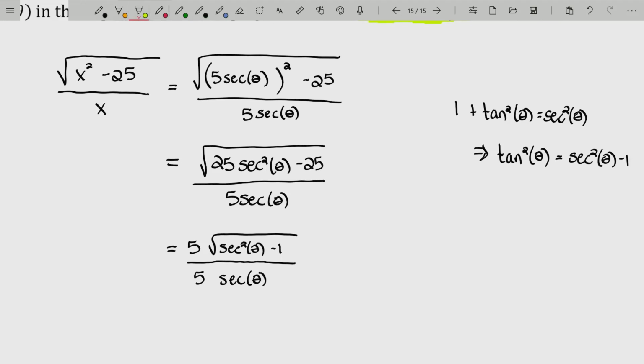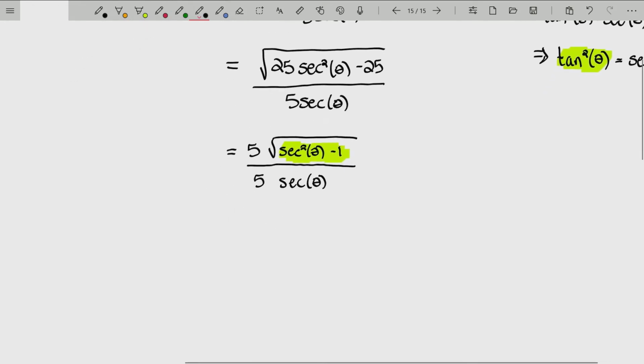That is, this secant squared minus 1, I can trade out for a tangent squared. So that's what I'm going to do here. Remember, the 5's will cancel, and I get the square root of tangent squared of theta, all over secant of theta.